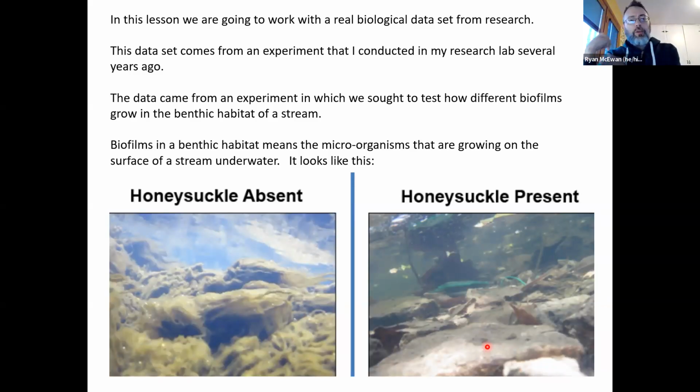Then you ultimately get to the macroinvertebrate community. The macroinvertebrate community then are like the insects. The insects then are fed on by fish, and then the fish are fed on by eagles. So this is actually important to how the stream works from many different perspectives.